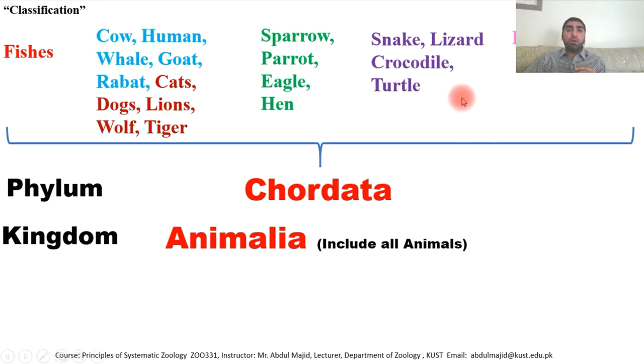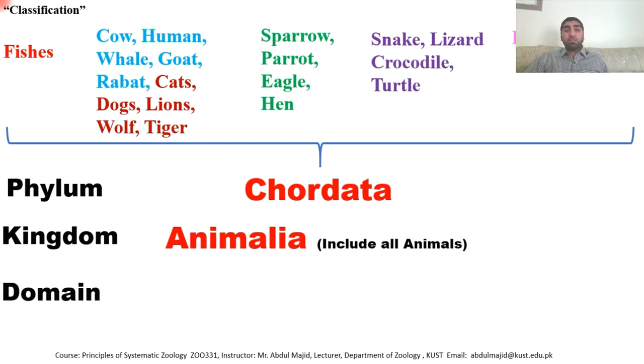All of these are now grouped into a kingdom Animalia, as a very supreme group, a very huge group, because they have some characteristics in common. They are all animals. It doesn't matter whether they are vertebrates or non-vertebrates, mammals, reptiles, whatever they are, they are animals. So that's why we place them in Animalia.